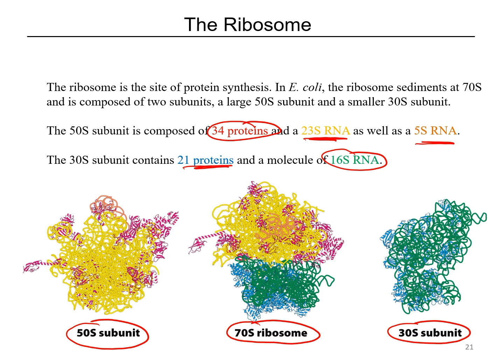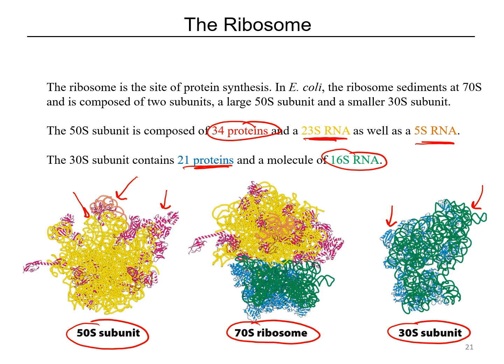So in the small subunit, we see blue proteins here, and the green is the 16S ribosomal RNA. In the large subunit, we have the 23S, and if you look really closely here, you can pick out the 5S ribosomal RNA. And then the proteins are here.